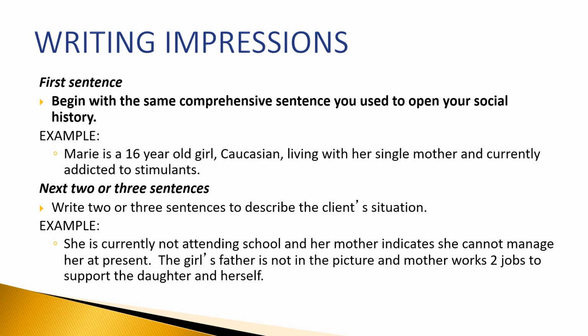Then you go on into the next 2 to 3 sentences that describe the problem situation. If you mention 1, 2, or 3 different problems up above, you might have 3 different sentences, one for each problem situation, and describe the problem situation in more detail and the impacts on the client's life.